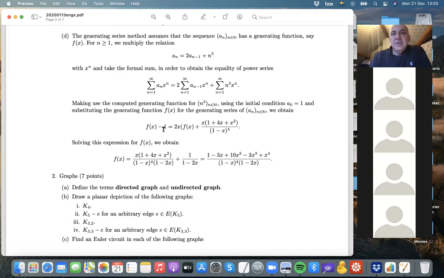Now, what do I have here? First of all, the generating function of n cubes. That's exactly the result of the previous part of this exercise. We just calculated this. It's just given by this expression.